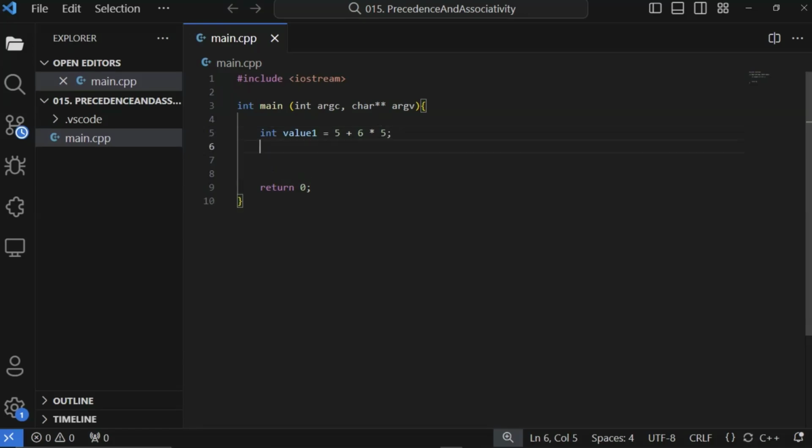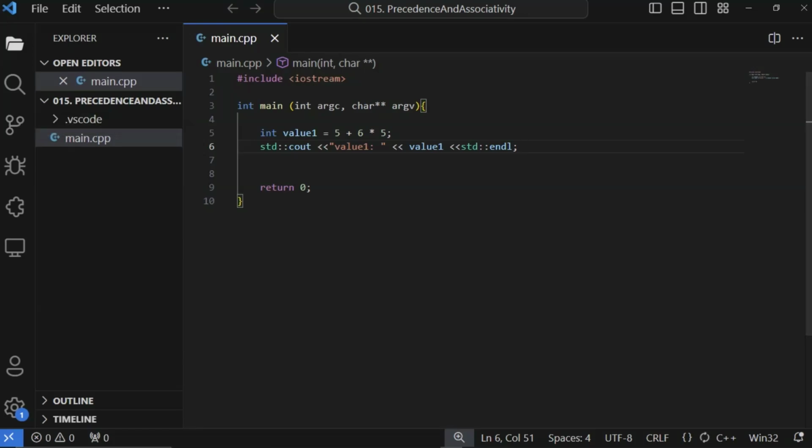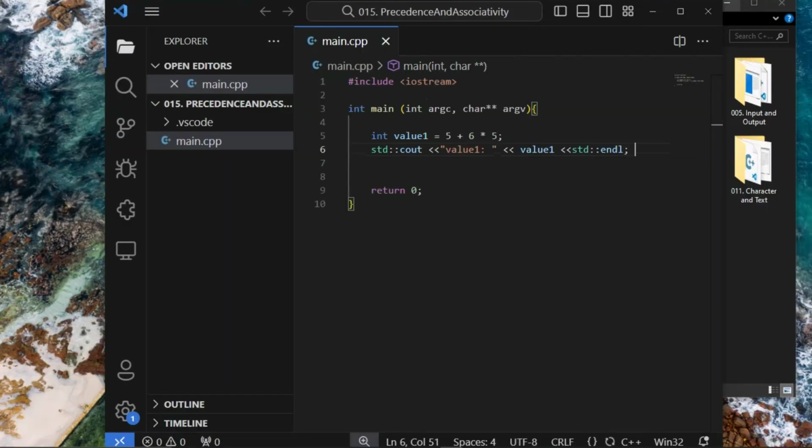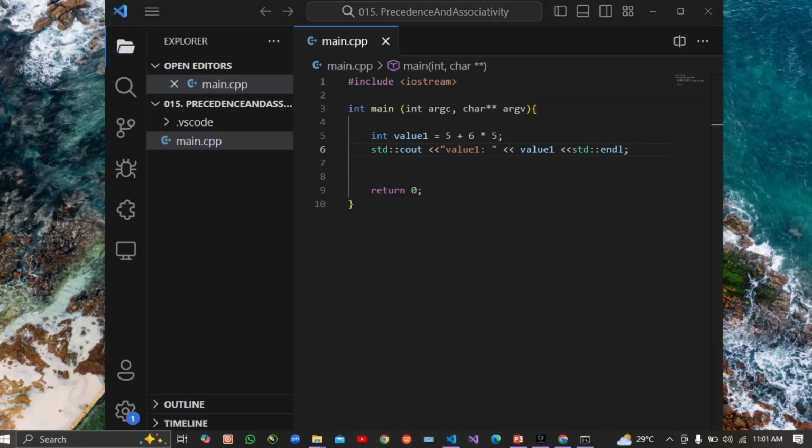Okay, so if we print this stuff here on the screen, so let's try and compile this, or before we compile that, let's try and do some simple arithmetic.